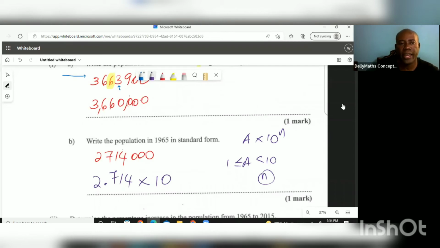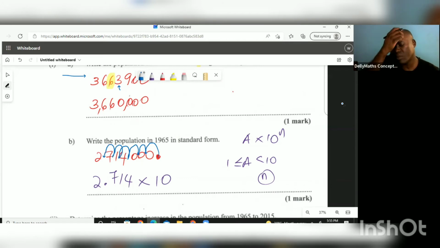So we want to find out, where was the decimal point? If you're looking at a figure and you're not seeing the decimal point, it means that it is at its standard place, which is at the end. So we want to know how many places it moved. 1, 2, 3, 4, 5, 6. It moves 6 places.